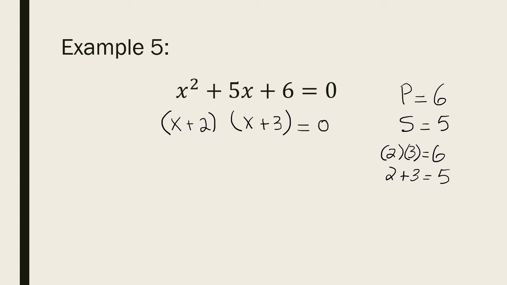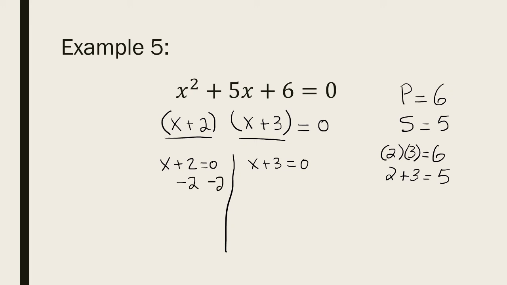Now that I have two factors multiplied by each other and their product is 0, I can use the zero product property and say that the first factor can be 0 or the second factor can be 0 and solve both equations. I'm going to solve the first equation by taking away 2 from both sides, and I'm going to end up with x equals -2.